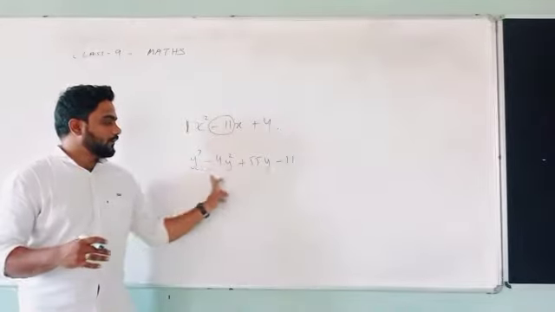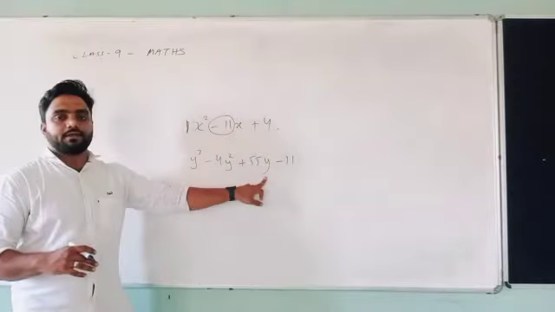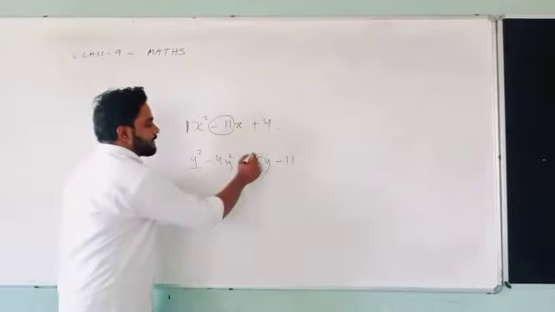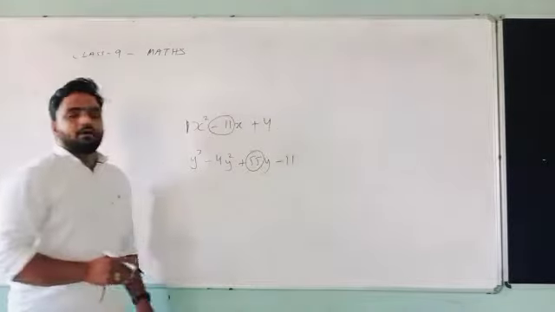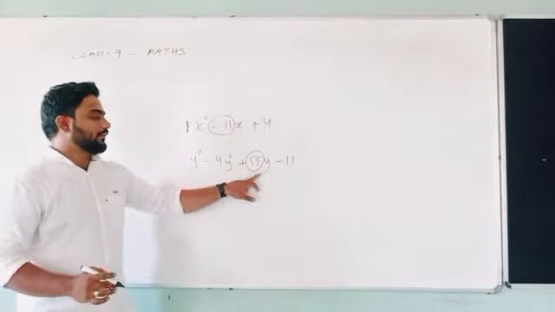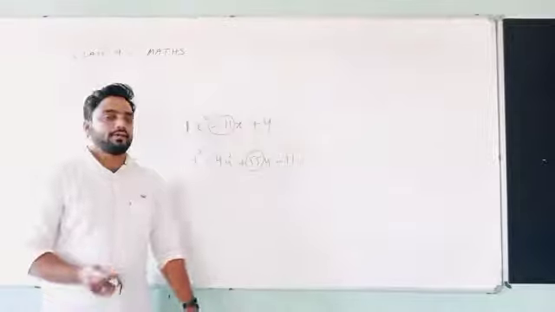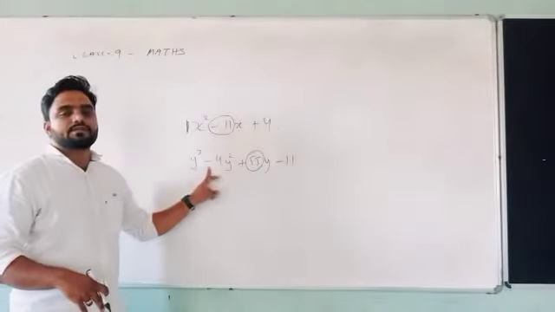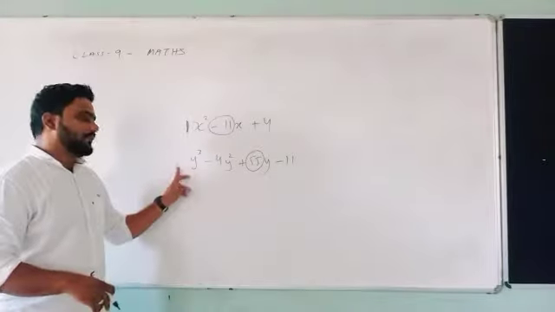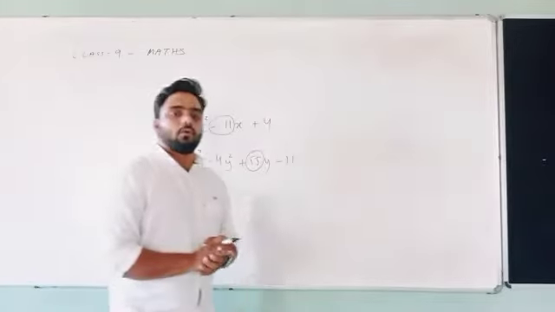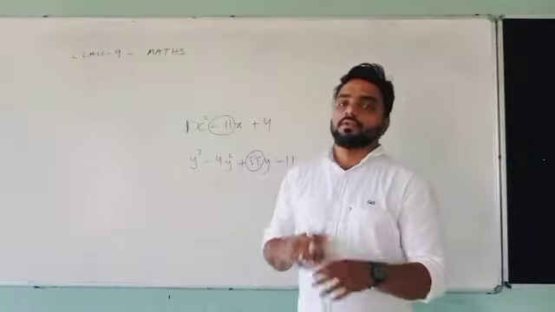So you have to find which term is the y term. Now what is its coefficient? So you can say that 55 is the coefficient of y. In the same way, -4 is the coefficient of y². In the same way, 1 is the coefficient of y. Understand? Now the next thing.